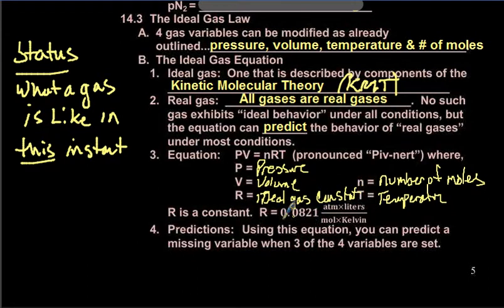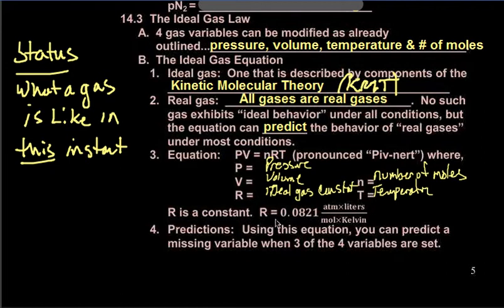R is given by this right here, where R equals 0.0821 atmosphere times liters over mole Kelvin. What this does is, when you combine all four of these variables, no matter what kind of gas you have, no matter what the situation, if you sort them by pressure times volume over number of moles and temperature, you will always get this number.